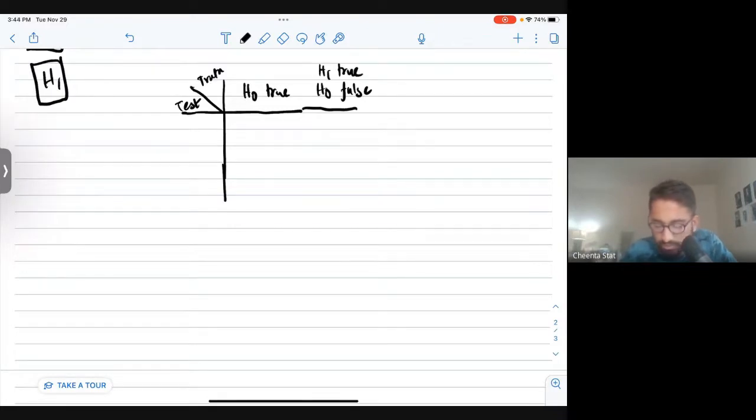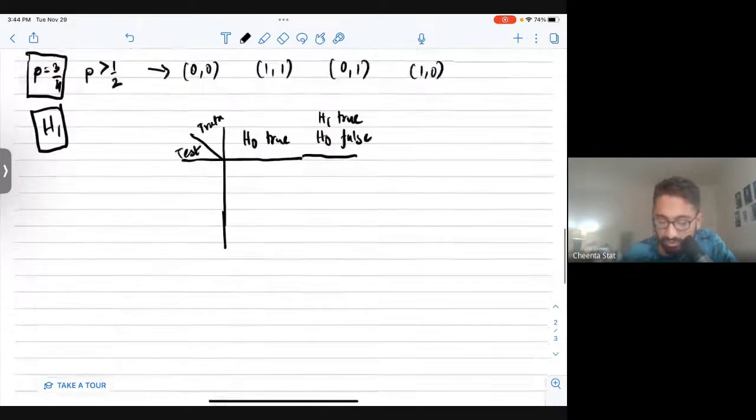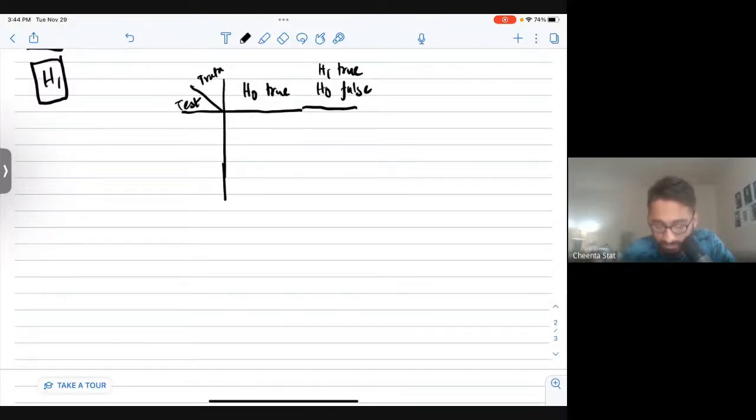In this case, the truth is that H naught is true, that means p is equal to half. In that case, there are certain cases where the test rejects it, that is, H naught is rejected, and H naught is not rejected, or you can say H1 is accepted.